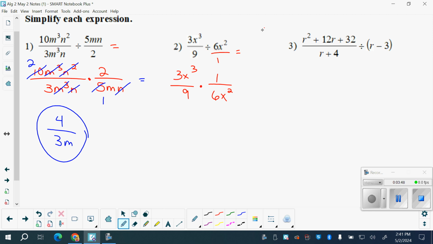Yeah, so either 3 and the 6 or 3 and the 9, whichever one you want, doesn't matter. And then anything else? How many x's cancel? This is an x to the 3rd, so how many cancel? X squared. So x squared cancels, and this becomes x. So this would become x over 18.